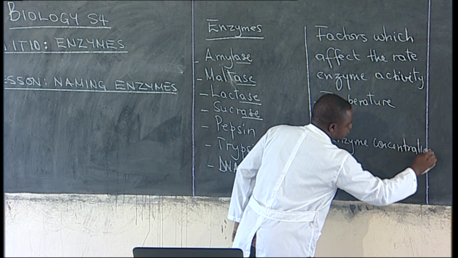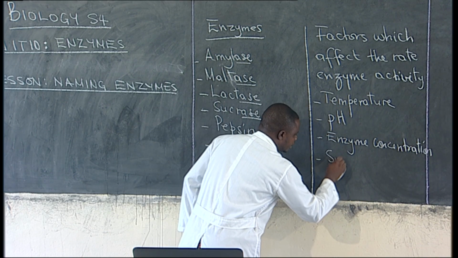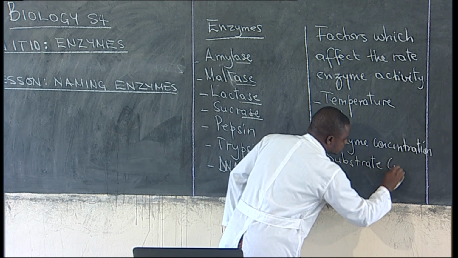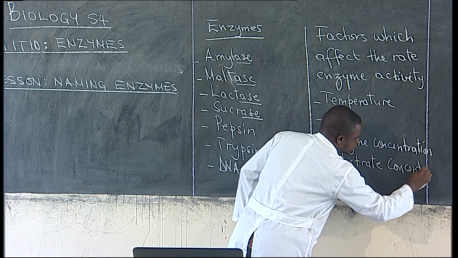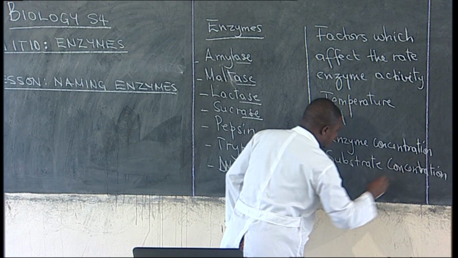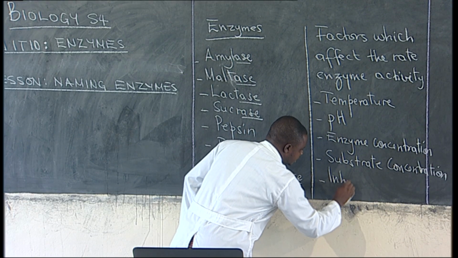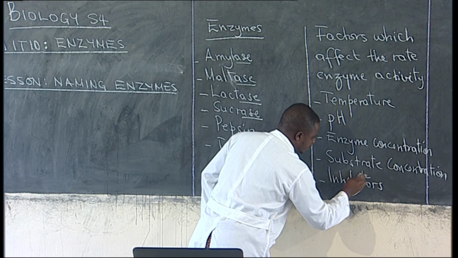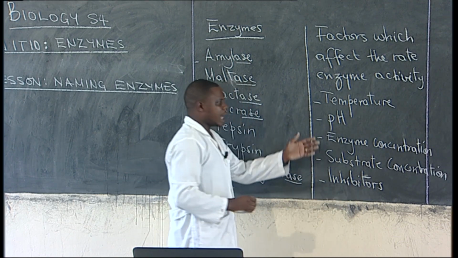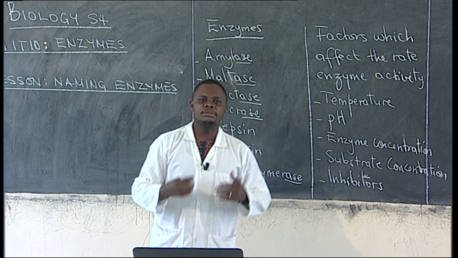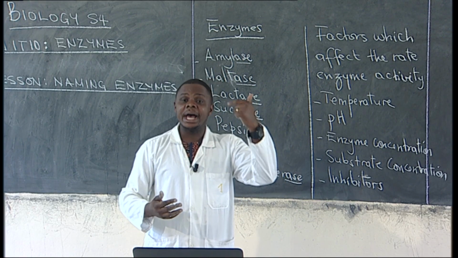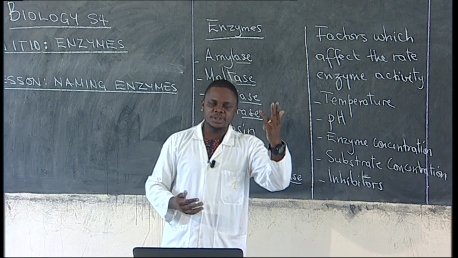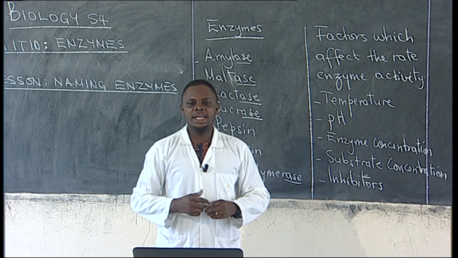We also have substrate concentration. Then we can have inhibitors. These are the factors which affect the rate of enzyme activity: temperature, pH, enzyme concentration, substrate concentration, and inhibitors.